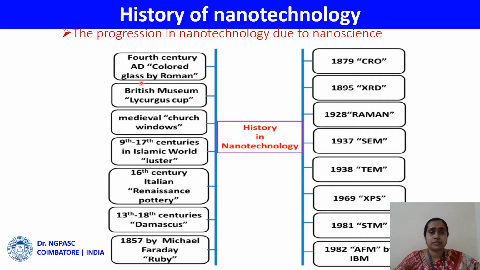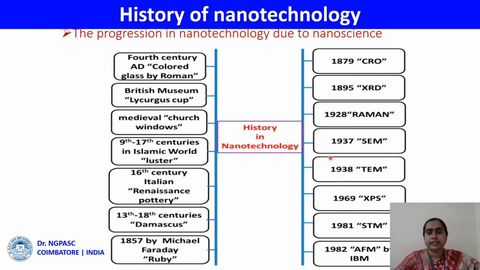So you can see the colored glass by the Romans in the 4th century, like the Lycurgus cup in the British Museum, and the church windows in the medieval period, and 9th to 17th century, the luster, 16th century, the Renaissance pottery, 13th to 18th century, the Damascus, and in 1857 the ruby experiment done by Michael Faraday.